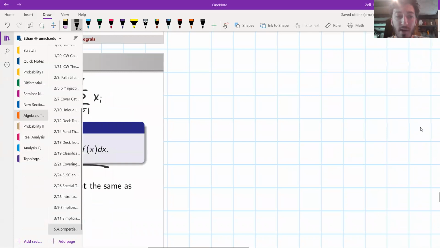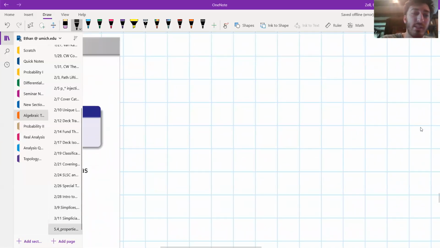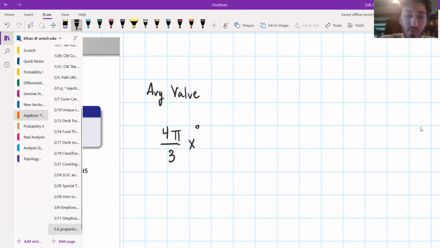So I'll do an example off to the right here. Let's say we want to compute the average value of 4/3 pi x cubed over the interval 0 to 2.